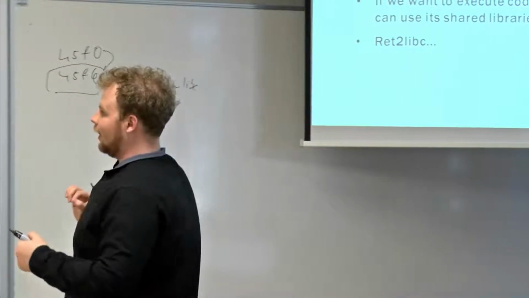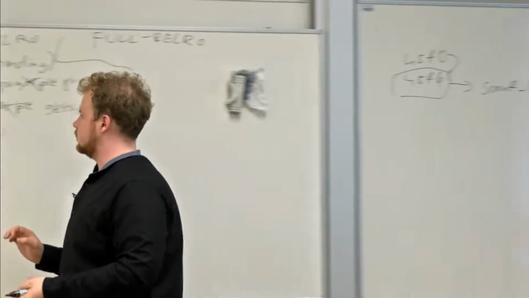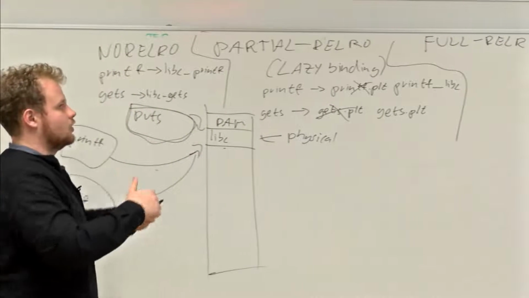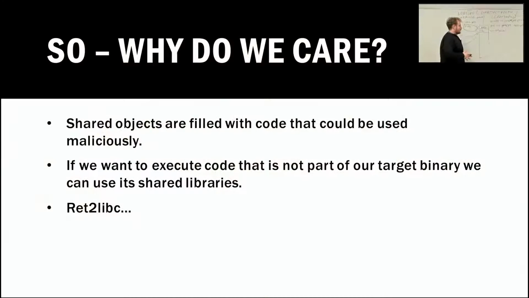So, why do we care about these shared objects? Why am I talking about them here? Well, because sometimes the programs that we want to exploit are very short or small. Let's say there's only a few system calls and that's it.